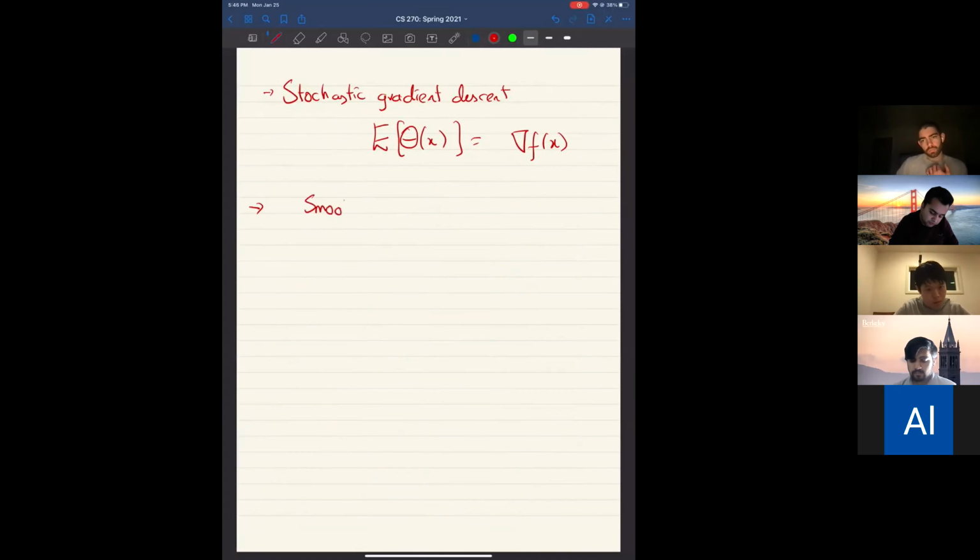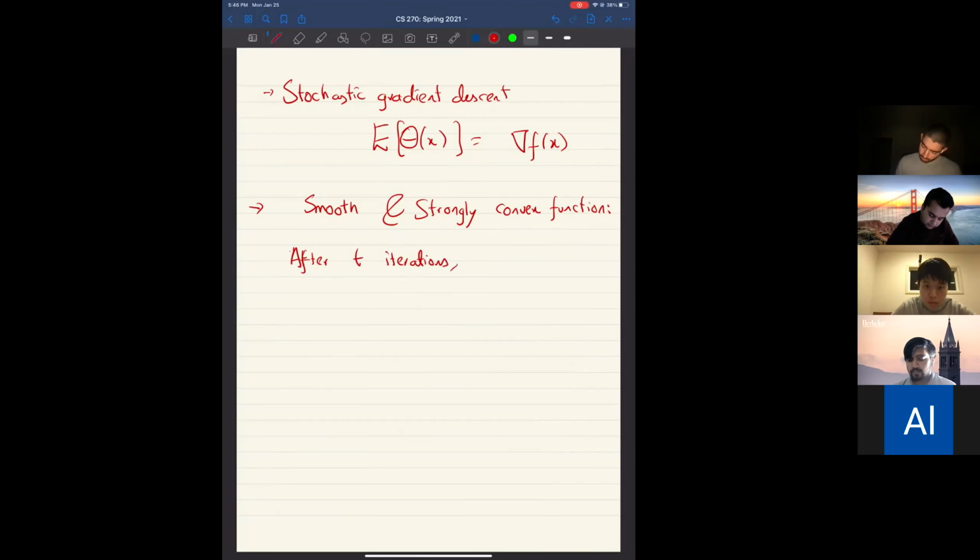If you have a smooth and strongly convex function, then actually you can get exponential convergence after t iterations.